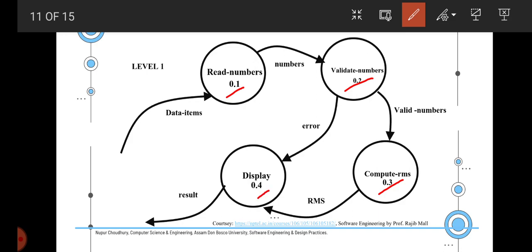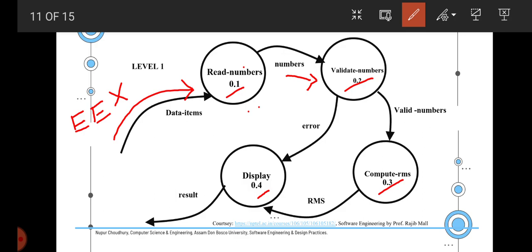So here the external entity is not shown. External entity is shown only in the context level diagram. However, the data from the external entity is shown, and this data item goes to the read numbers or 0.1 process. Once the numbers are read, these numbers are sent for validation, because we were talking about integers.